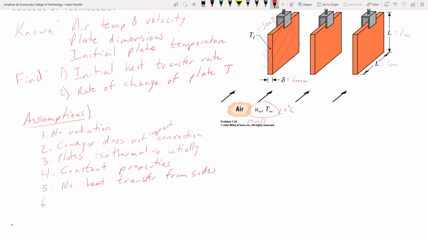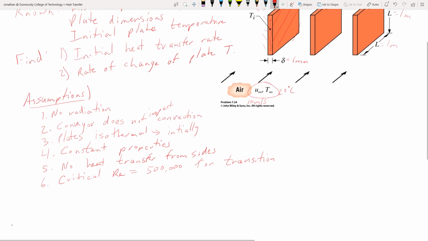And then last, we're going to say critical Reynolds number equals 500,000. So that's our transition away from laminar.